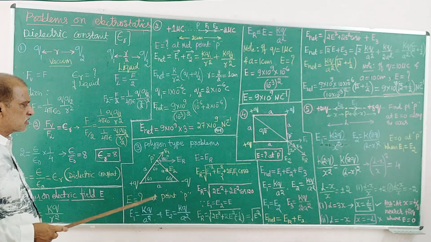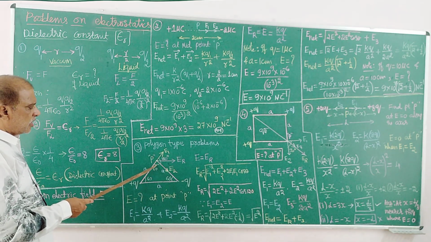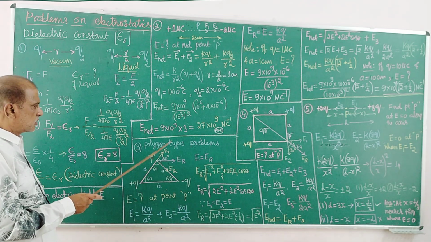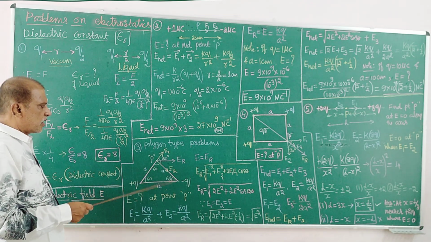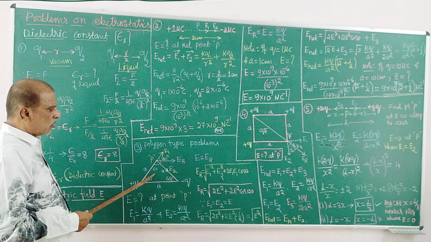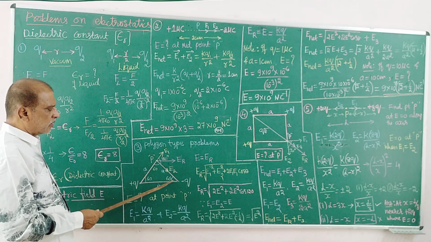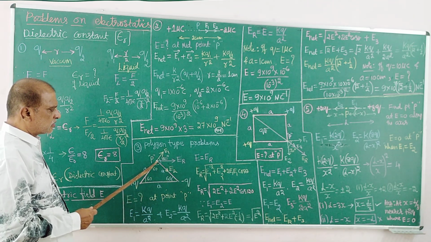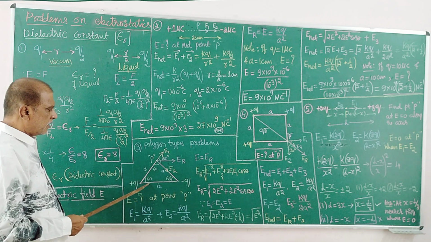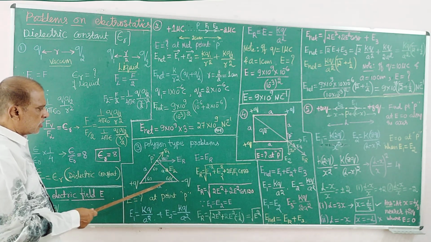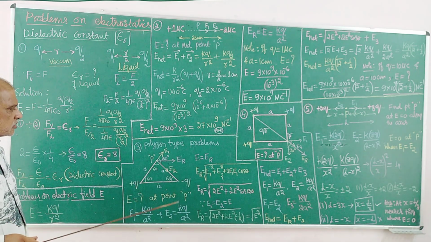The geometry of the arrangement is an equiangular and equilateral triangle. Lateral means all sides are the same, and all angles are the same.